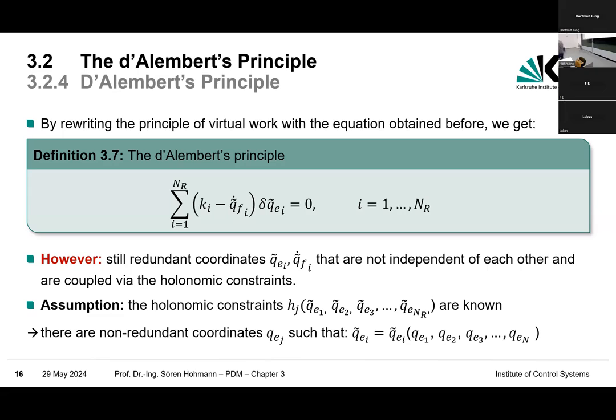So, remember the pendulum? Okay, I know the coupling because the mass moves on a circle. There the coupling is present, right? So Q̃_i is given by the coupling of these variables.